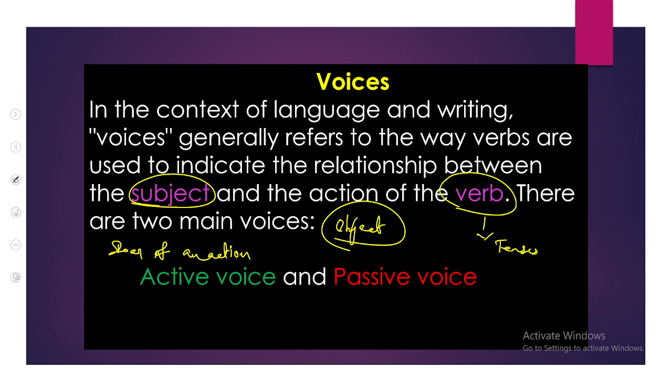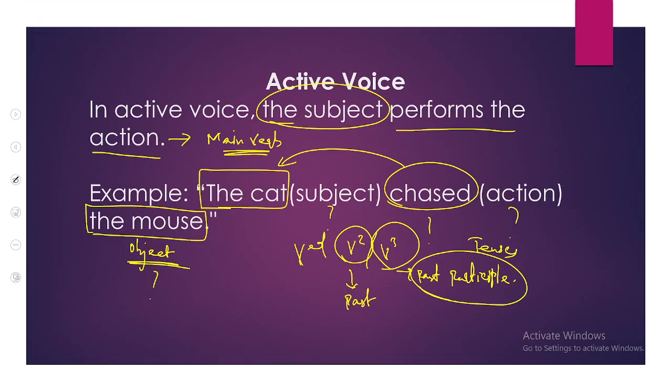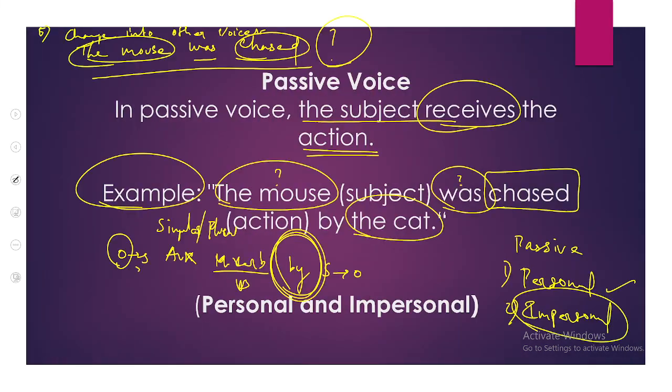Active means the doer of the action will be at the very first of the sentence. Like in this sentence, the cat chased. Who is the doer of the action? The cat. But in passive form, the doer of the action may be at the last, or else the receiver of the action will be first. That's what you have to remember.